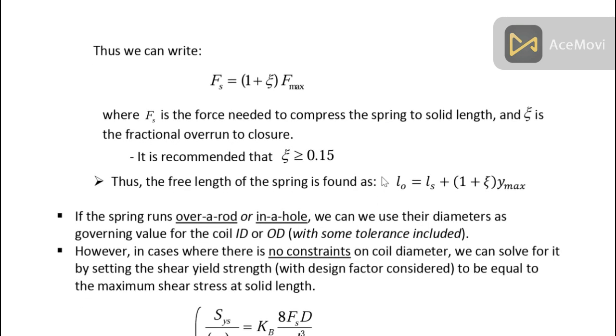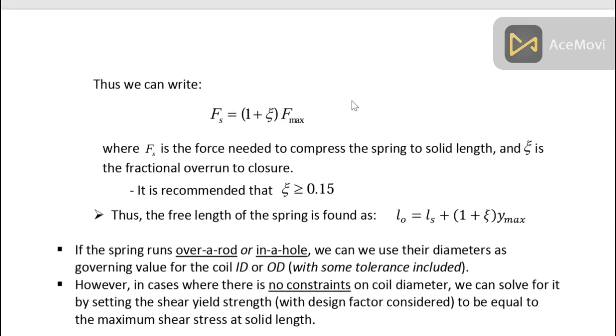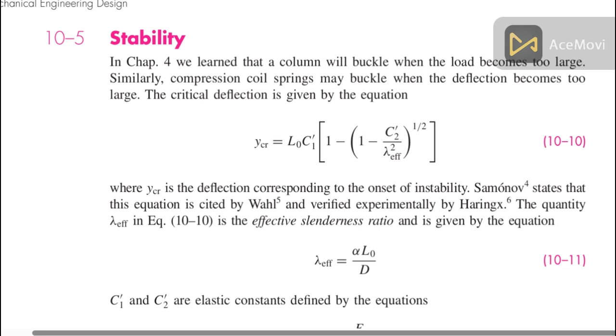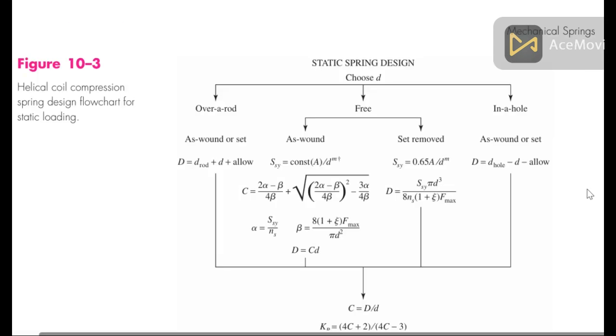Now we will move toward our context book, guys. Now we are doing how to select the diameter of the spring wire by the following method. Here our task is how to choose d. It depends upon some free factors that are of our choice: we select as wound, set removed, or as wound and set.